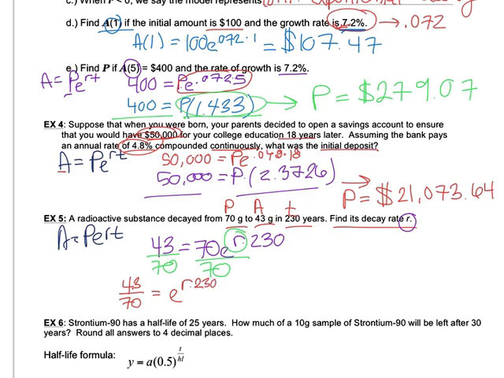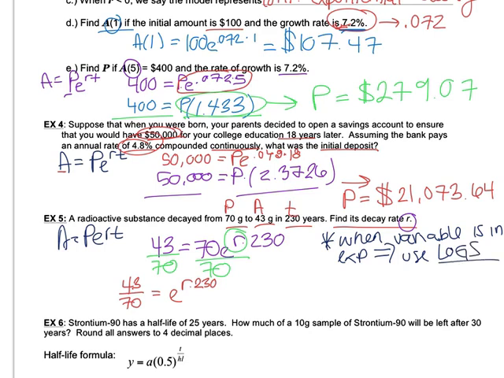Okay, so here we need to think about how am I going to get this r out of the exponent, and this is where using logarithms comes into play. When your variable is in the exponent, use logs.